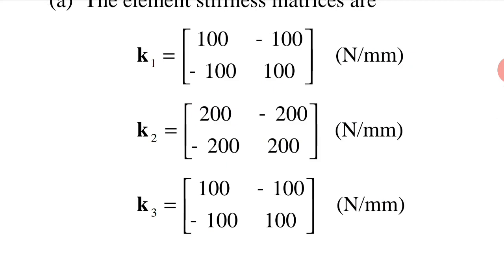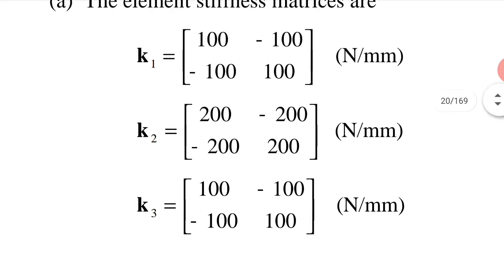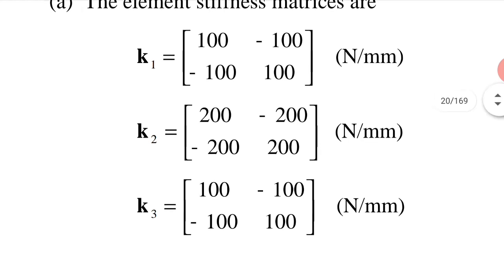The 100 and 200, that is the last element of K1 and the first element of K2, will be added, because those are common to node number 2. The last element of K2, that is 200, and the first element of K3, that is 100, will also be added in the global stiffness matrix, because both correspond to node number 3.